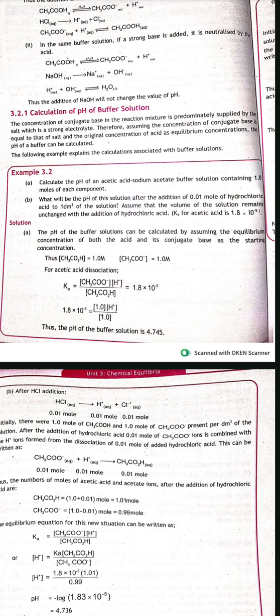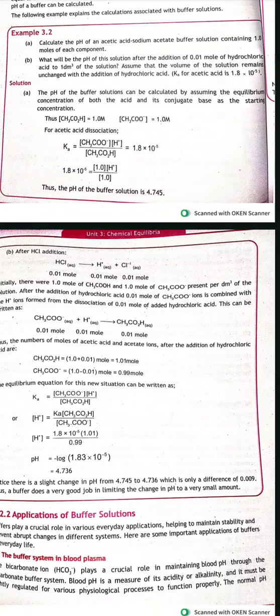We have a molar solution of CH3COOH which is 1.0 molar, and CH3COO negative is 1.0 molar as well. For acetic acid dissociation, we have a Ka value of 1.8 × 10⁻⁵, and when we put it in the equation, we get 4.745 as the pH of the buffer.